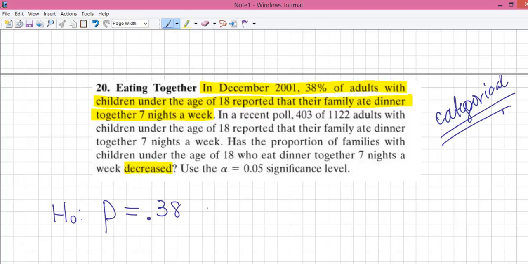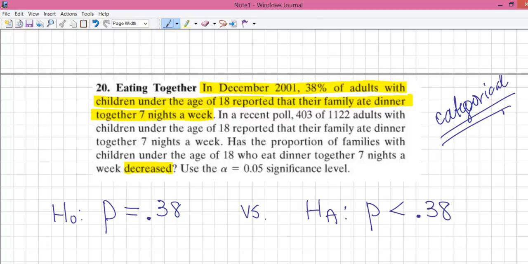It's true. We take it by default. Versus the alternative. The alternative is always in the statement. Has the proportion of families with children under the age of 18 who eat dinner together 7 nights a week decreased? Well, has it? Well, let's find out. P is less than 0.38.